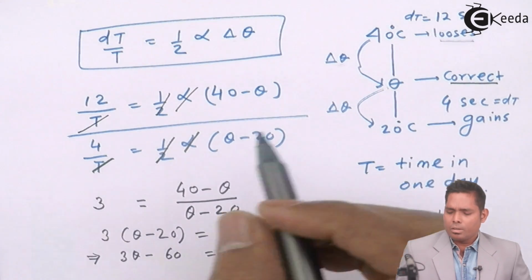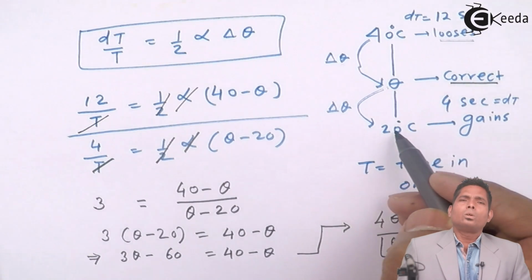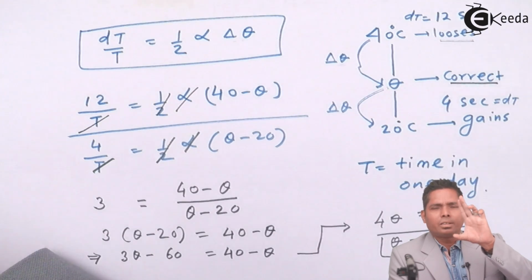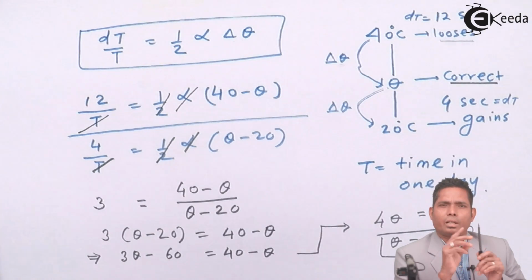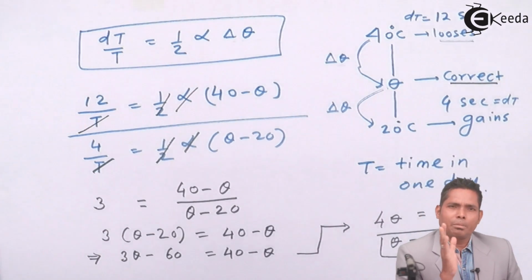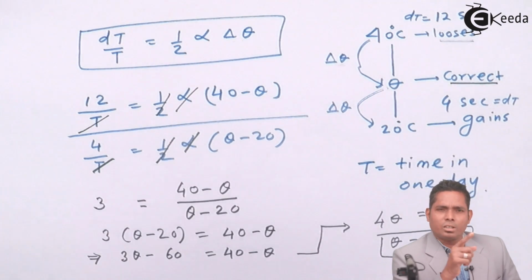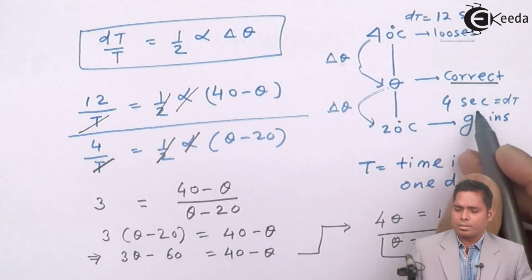Similarly, if the temperature is brought down to 20, the length of the bar decreases. When the length decreases, the time period also decreases. That means the clock moves faster, so it gains time, 4 seconds in a day.